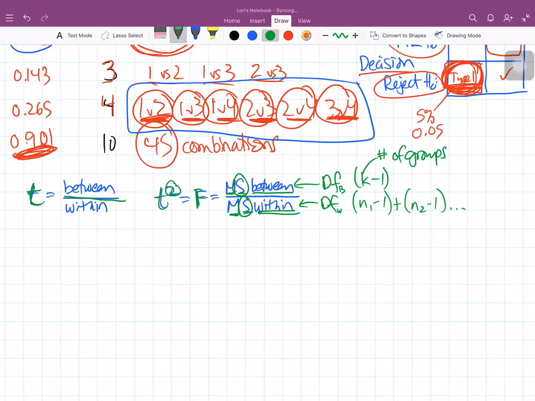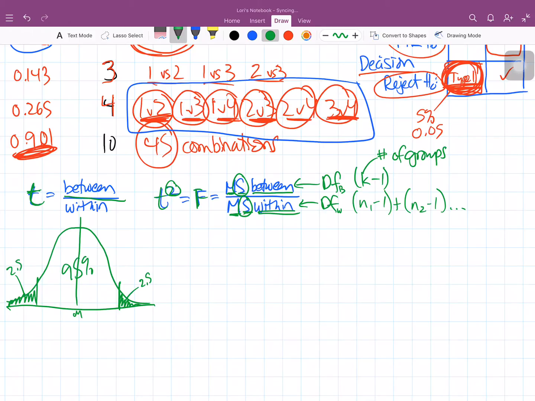If we're thinking about a T distribution, which is similar to a Z distribution, it is bell-shaped and symmetrical, if I can draw it here. And when we think about the error that's happening, that's out here, far away from whatever we consider to be our test value, right? And so if we have a 95% confidence interval here in the middle, then 2.5% is in each of these tails.